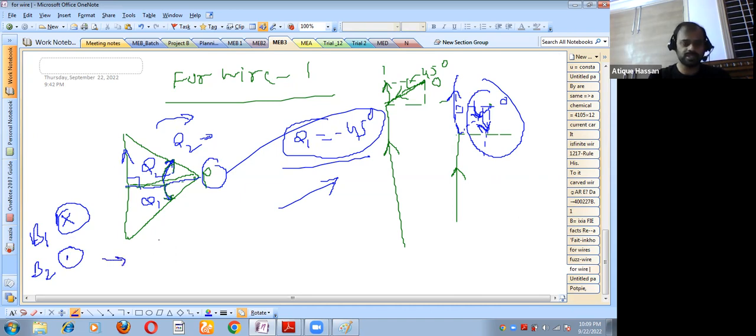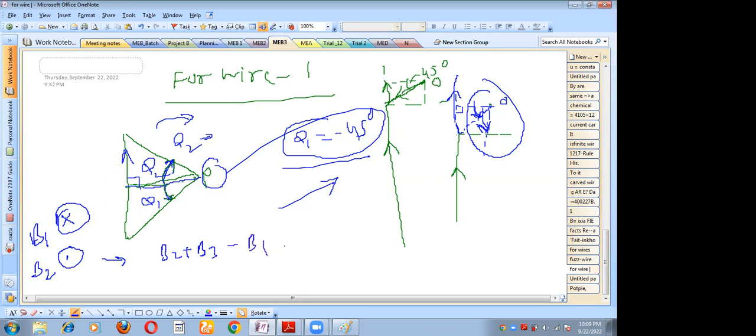It was a separate thing, right? So what we have done is B2 plus B3. These both were outward, and minus B1, right? We have done this. Got it, sir. Got it? Yes, sir.